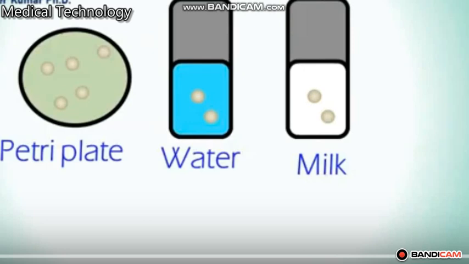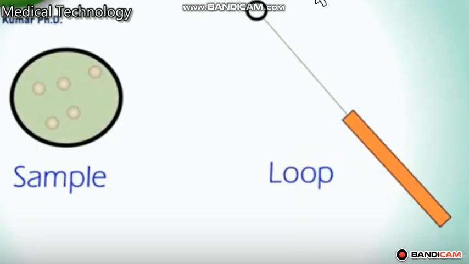You can make the bacterial smear either from bacteria which grow on a petri dish, or you can take a drop of contaminated water to know what species or genus of bacteria are present in the water, or you can take a sample from milk or a swab, to make the bacterial smear by using a loop.